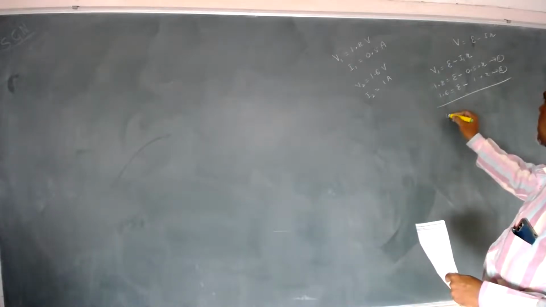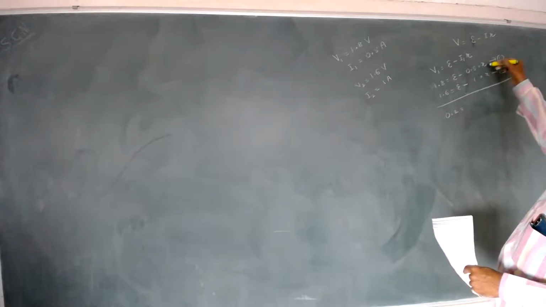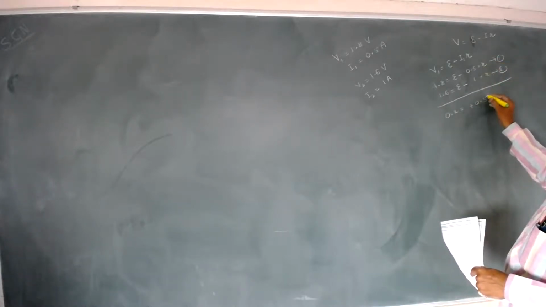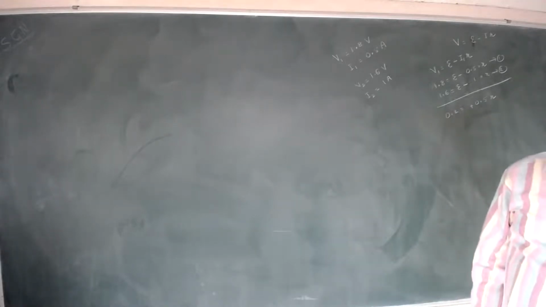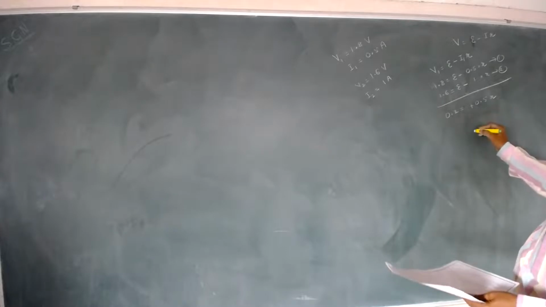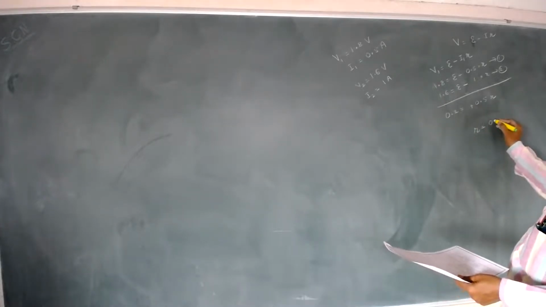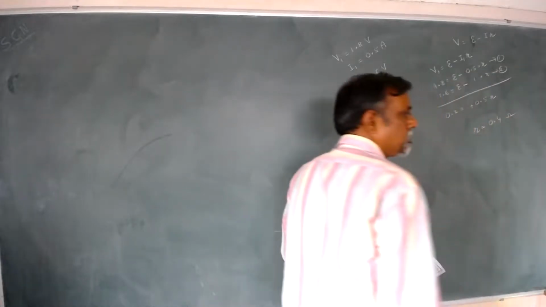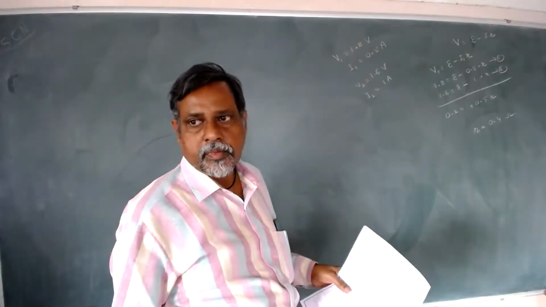Subtracting, 0.2 equals minus 0.5 R plus 1 R. Therefore, R is equal to 0.4 ohm.